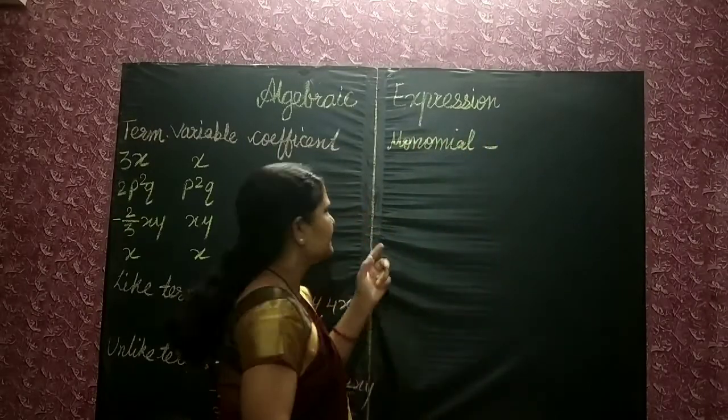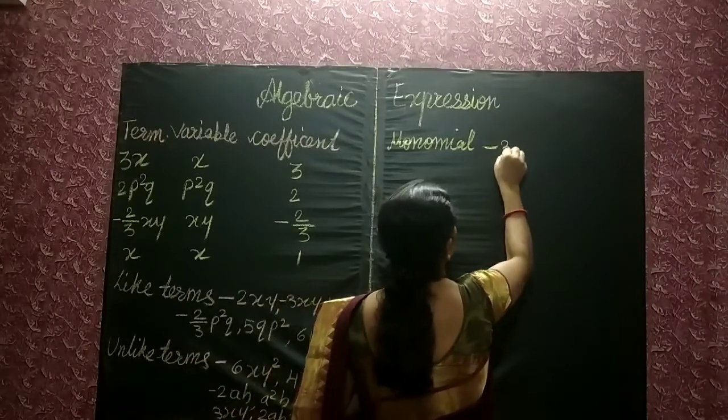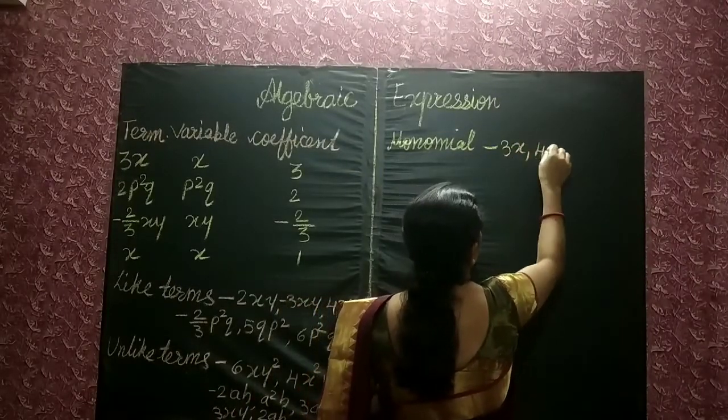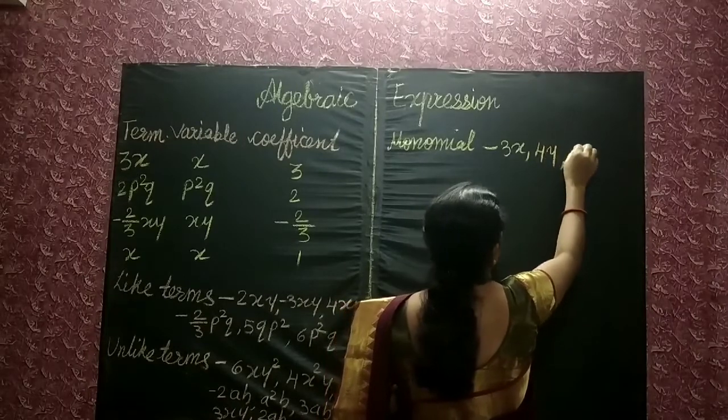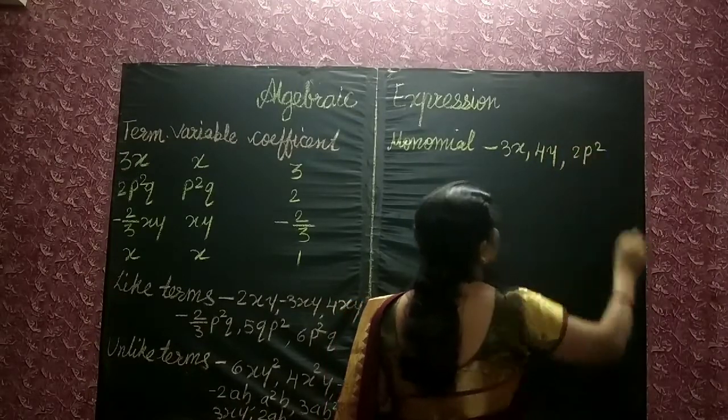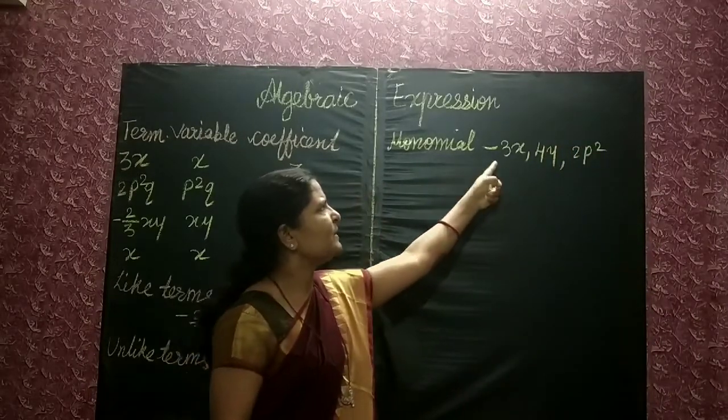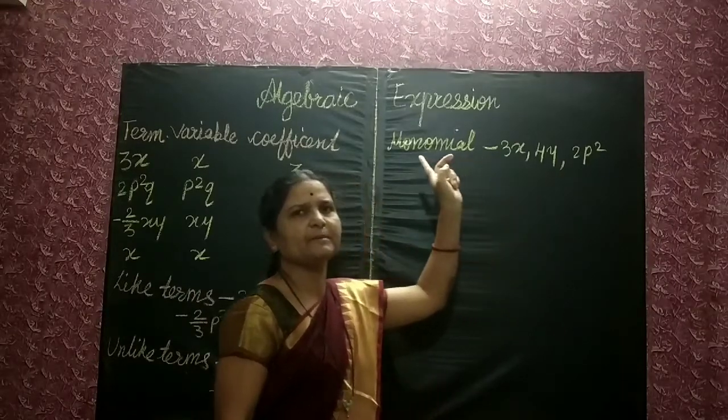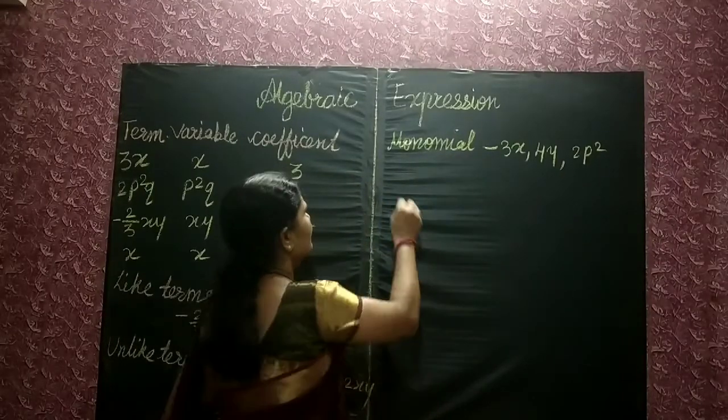See the examples of monomial. Only one term, only multiplication, you can see. Only one term is there, so it is a monomial.